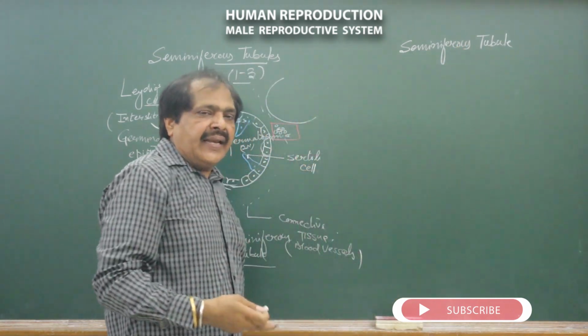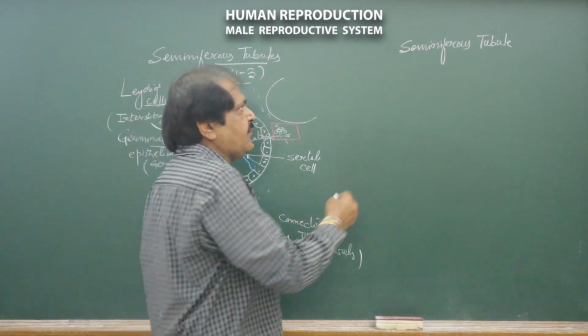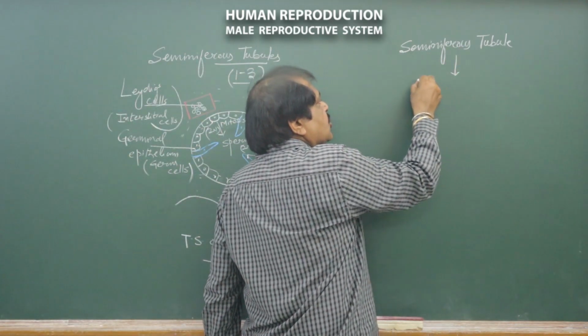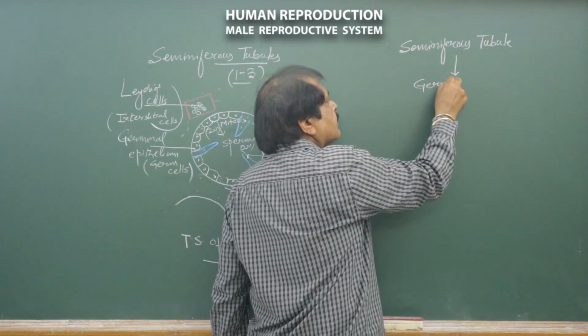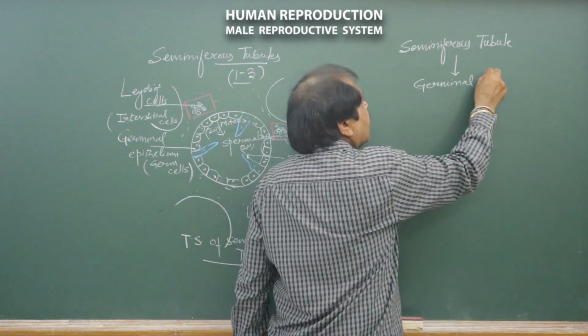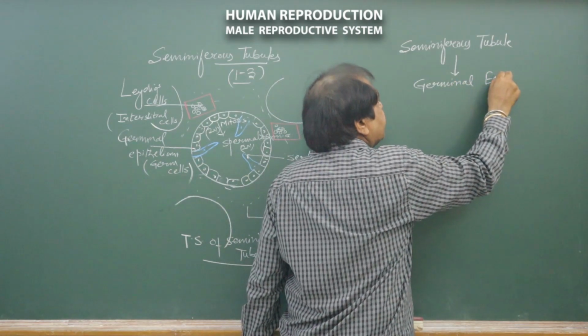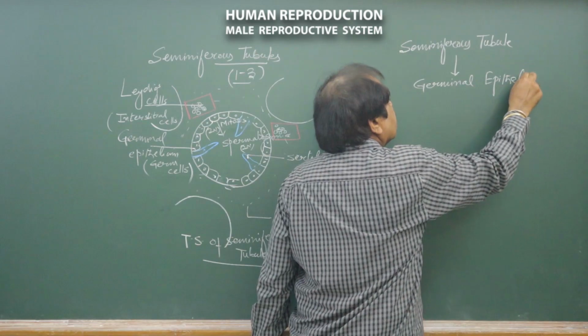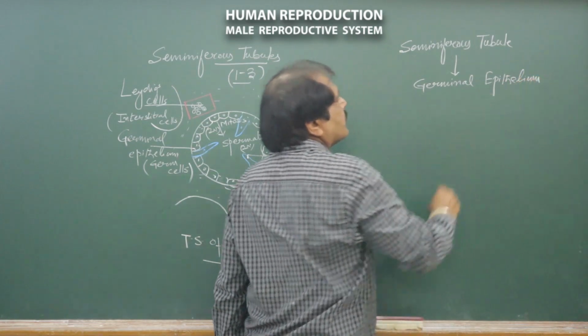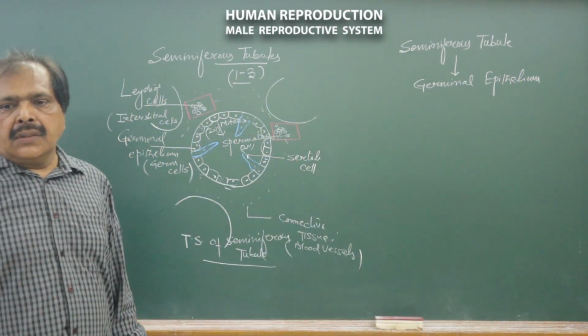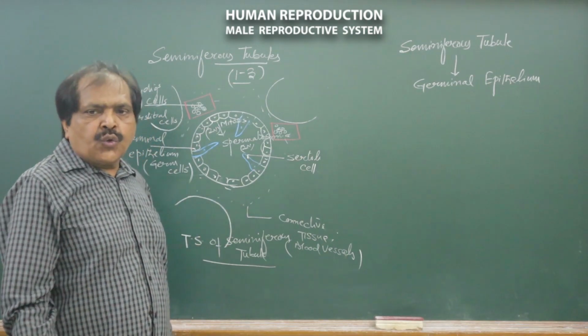The wall or the layer covering the seminiferous tubule is called germinal epithelium. This is squamous epithelium.